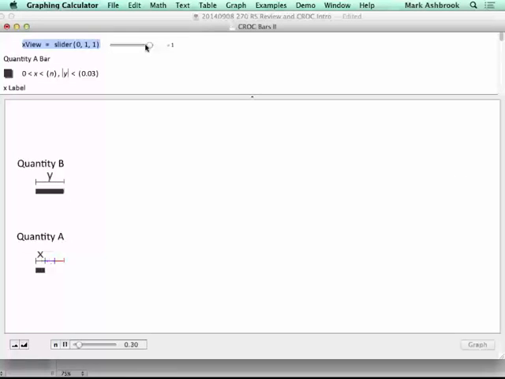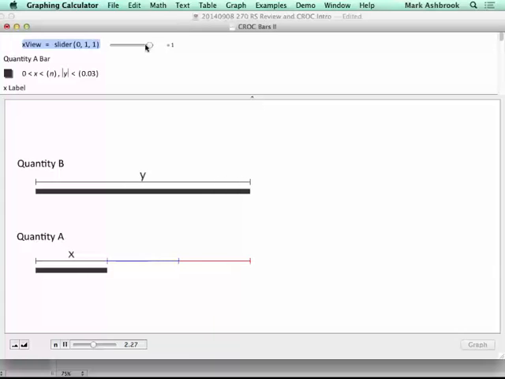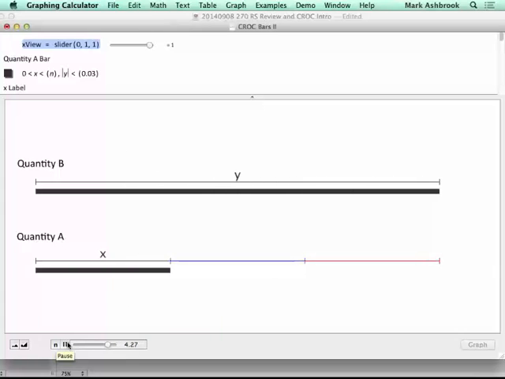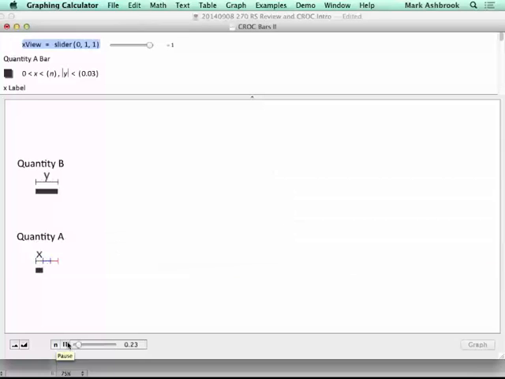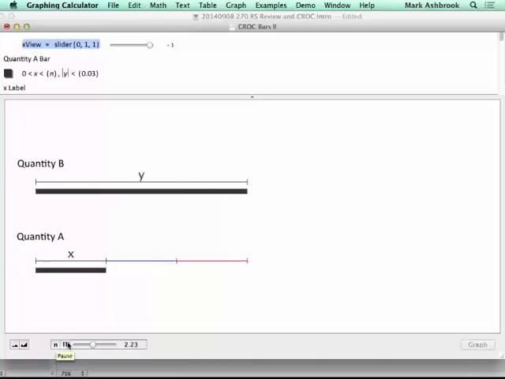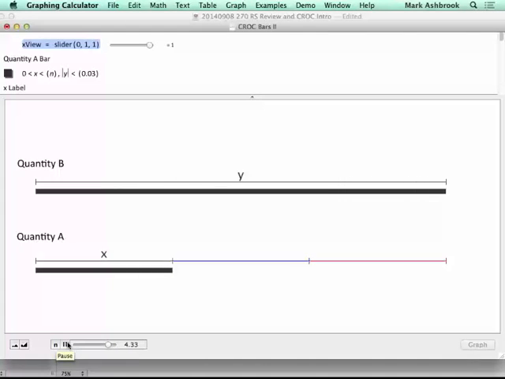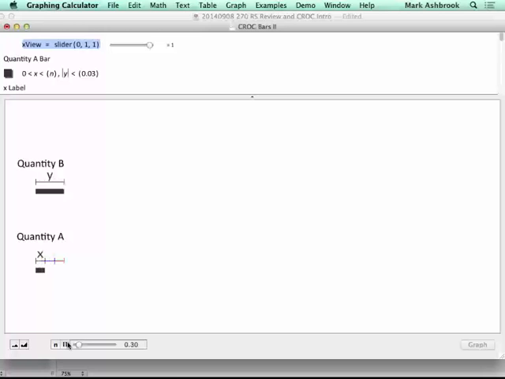Delta y over delta x. Can you say what the number is? 3, right? Y is changing 3 times as fast as x. Another way to say it: y is increasing 3 times as fast as x is increasing, and that's staying constant. The constant rate of change is 3.